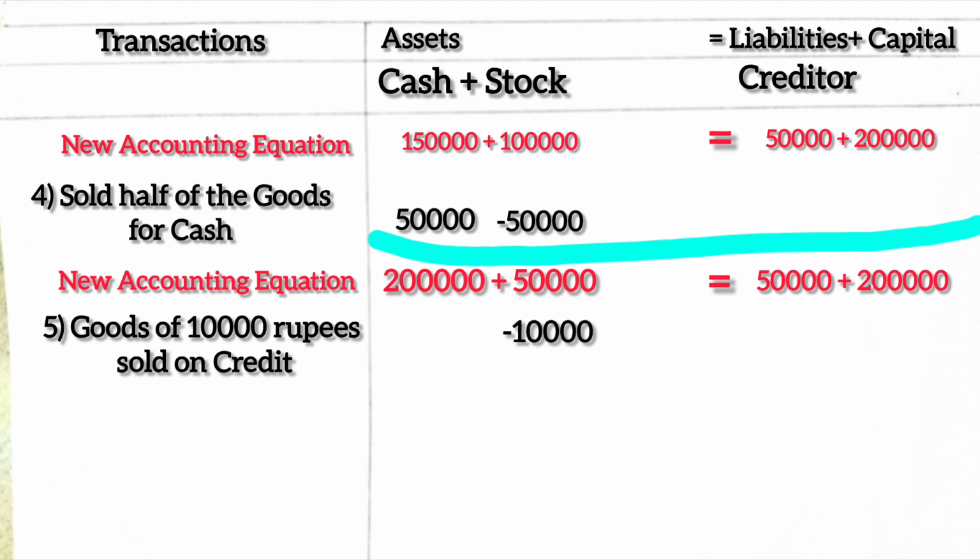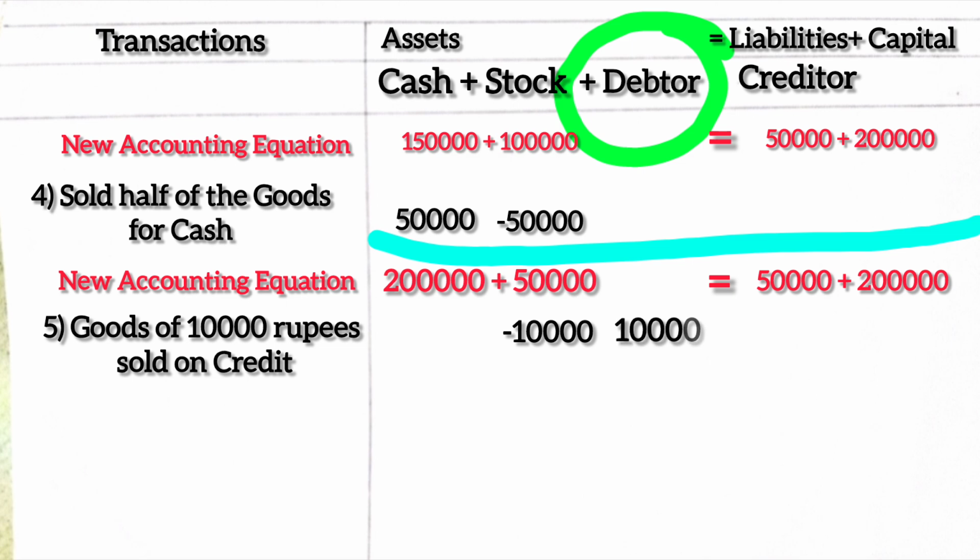And this 10,000 we will be writing in the debtor column because we have sold the goods on credit. Yes or no? So debtor means our customers, they haven't paid the money yet, but they will be paying in future. So we'll write debtor, and in the debtor column we will introduce 10,000.